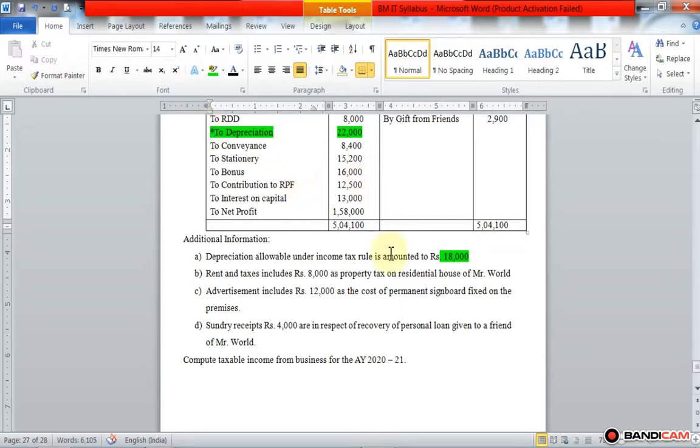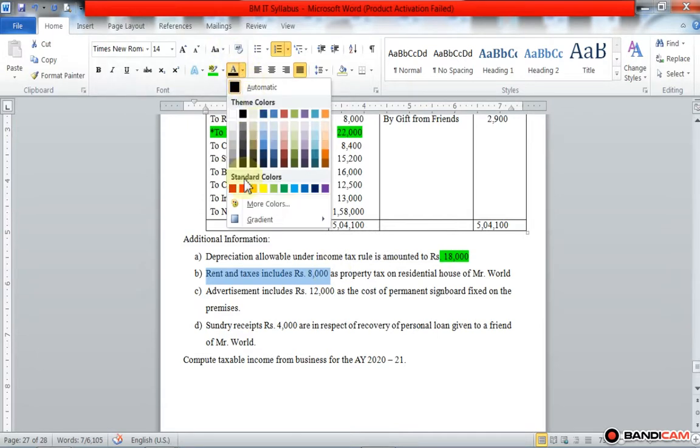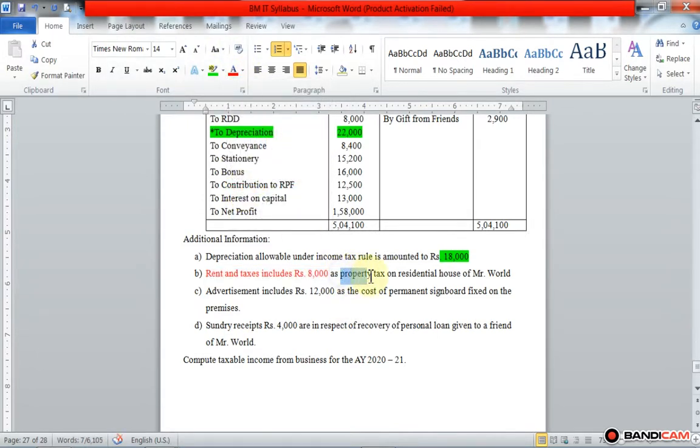Then the second adjustment: rent and taxes include rupees 8,000 as property tax on the residential house of Mr. World. So it is an expenditure related to personal use, not related to business. Tax paid on a residential house of Mr. World is his personal expenditure, but it is included in the rent and taxes of the business.